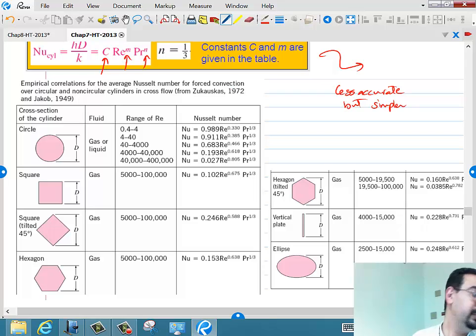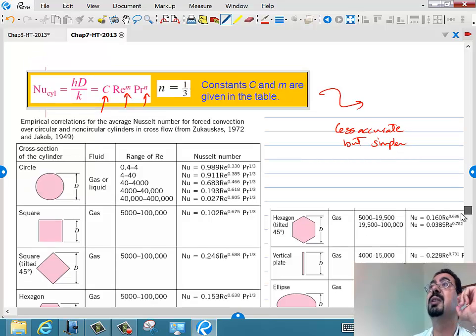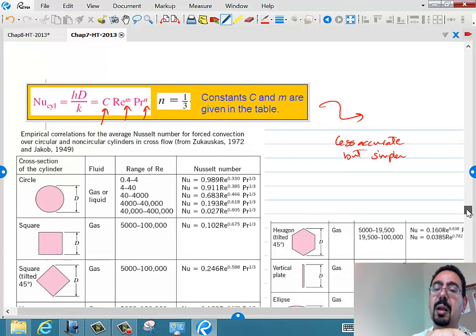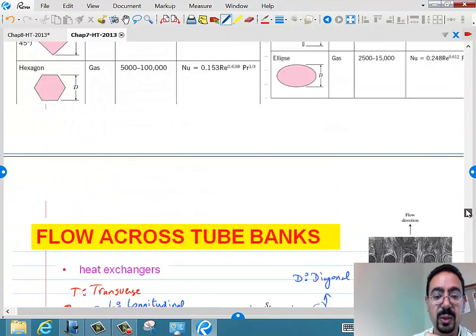Now that Reynolds number will have to be based on the external velocity, right? Not the velocity in the pipe. And it will have to be based on a viscosity. And that viscosity will be evaluated at, no, we'll actually have to evaluate it at the film temperature. I think it was here on the table somewhere.